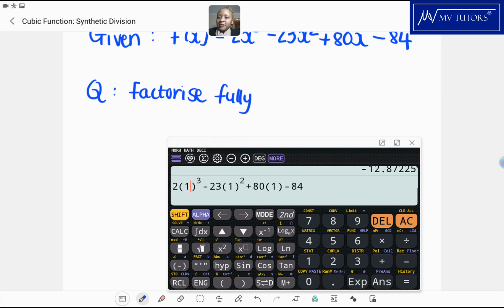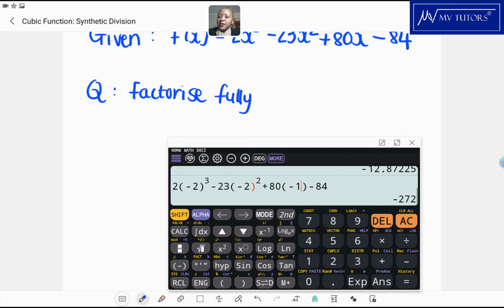negative 1. You normally start with 1 or negative 1, then you move over to 2, negative 2. We get negative 189. Definitely not a factor. Let's try negative 2 since we have the negatives there.